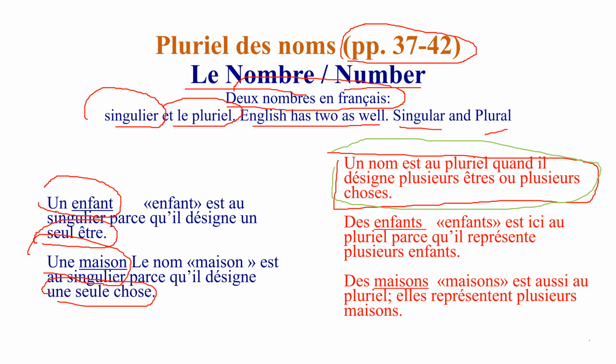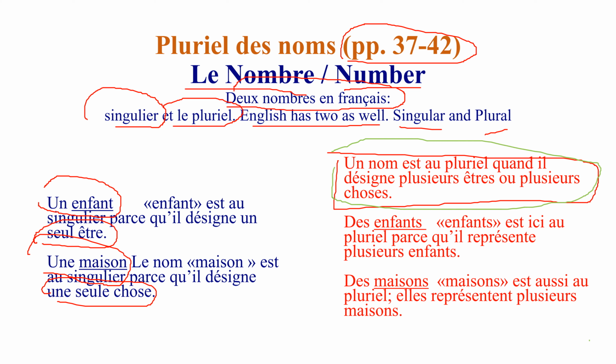Example, des enfants. You see the S here, it denotes the plural. It is in plural because it refers to more than one, several children. Des maisons, several houses, is also in plural because it refers to more than one.